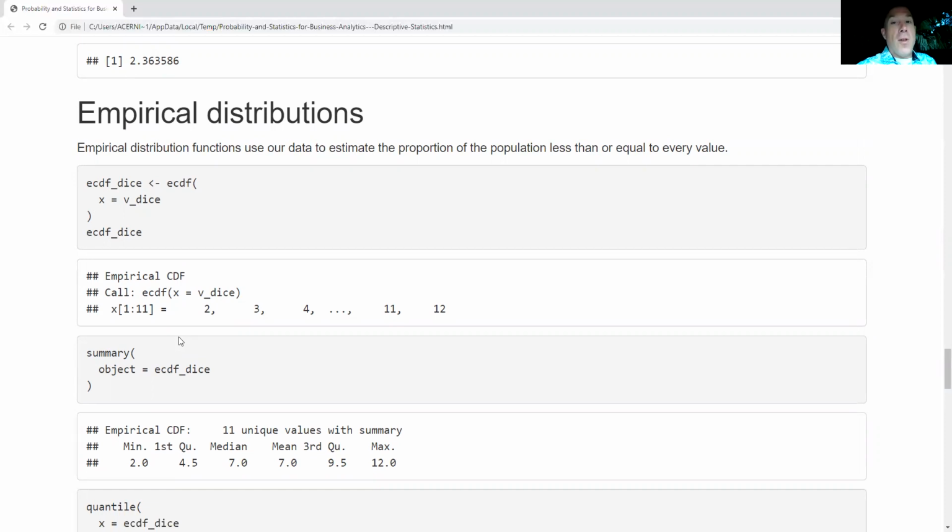What this does is it takes the data and looks at what percentage of the data is less than or equal to each possible value. And then it says, let's make a mathematical function off of this, and we're going to call this an empirical distribution. When we're talking strictly about less than or equal to, it's going to be a cumulative distribution function.